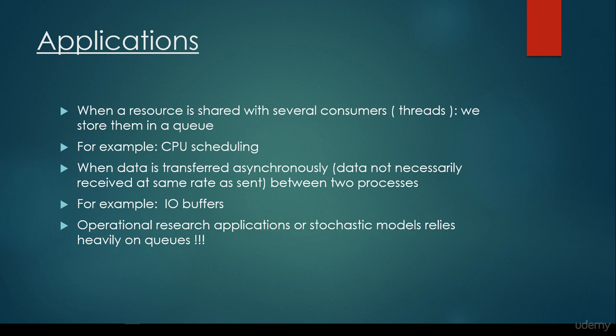For example, CPU scheduling, or when data is transferred asynchronously, which means that data is not necessarily received at the same rate as it's being sent between two processes, then we are going to store the data in a queue abstract data type. For example, in input-output buffers. And operational research applications or stochastic models rely heavily on queues.